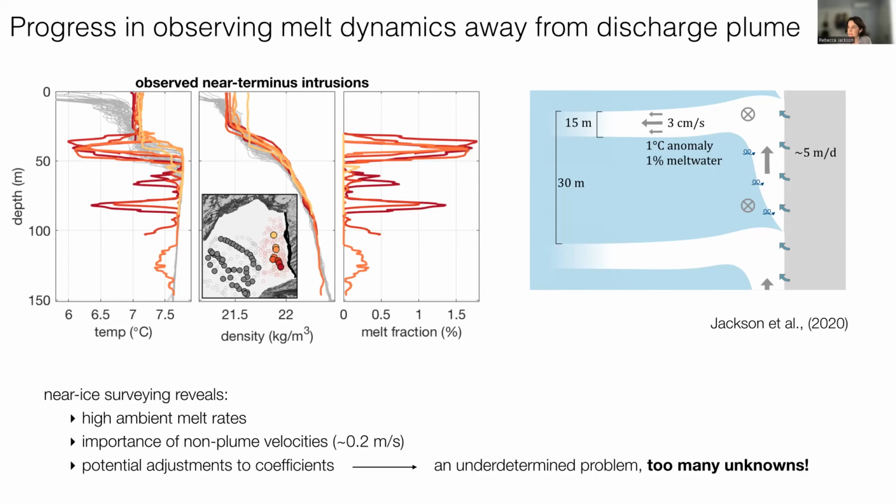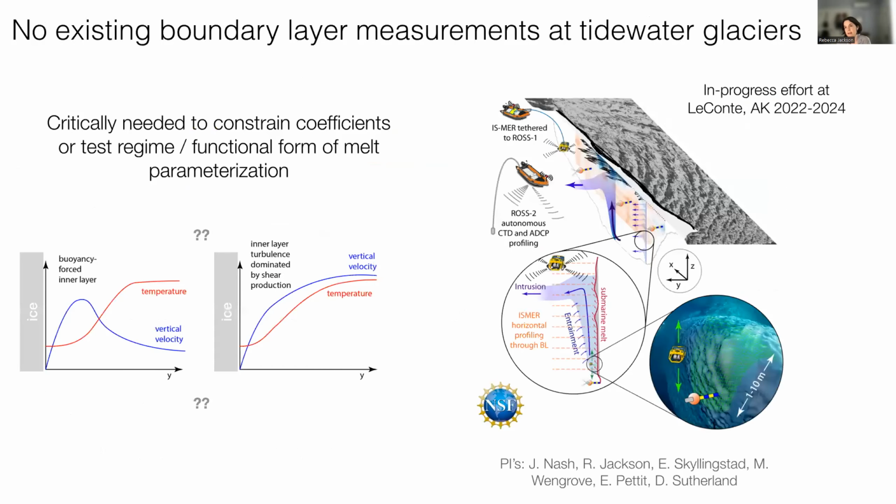I will just end by mentioning that we don't have any existing measurements of the boundary layer at any tidewater glaciers. We want to probe the structure of the velocity and temperature field as you go away from the ice, but we're not yet there in terms of getting these observations. We have one ongoing effort with a group of collaborators here at LeConte trying to get some of these boundary layer measurements. So stay tuned.